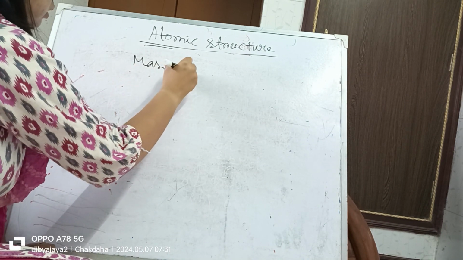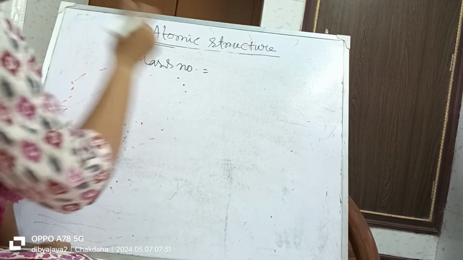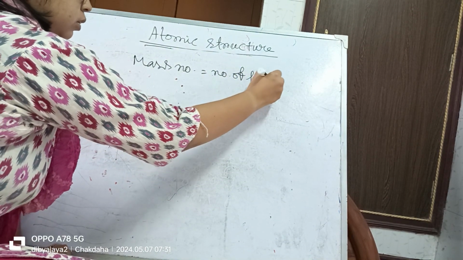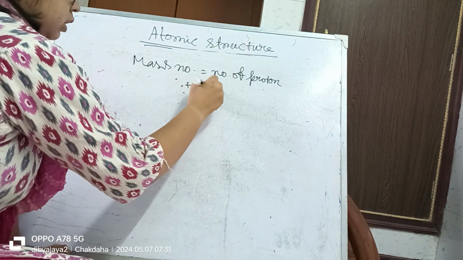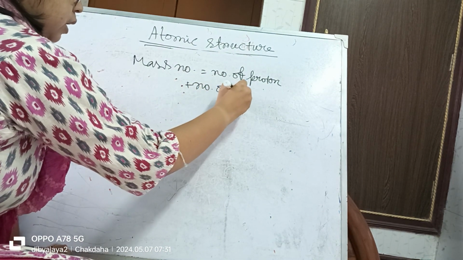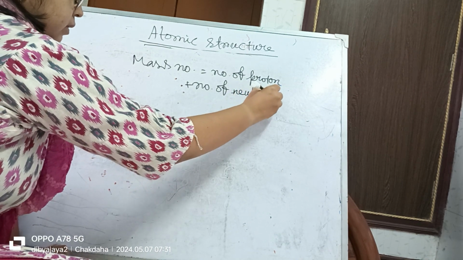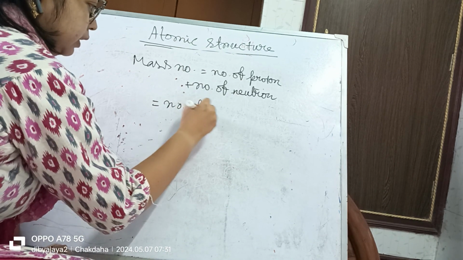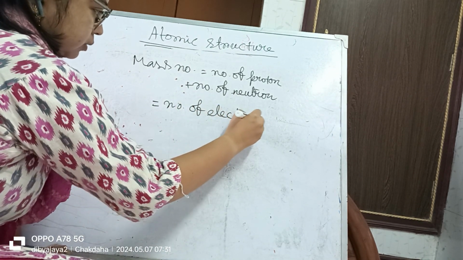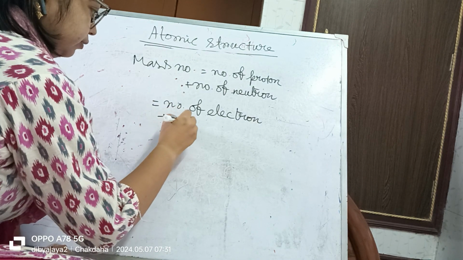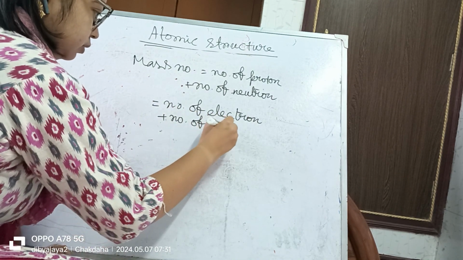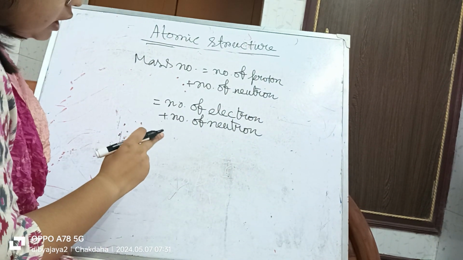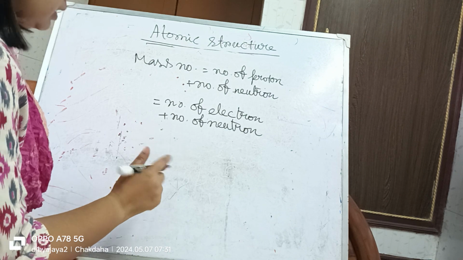Mass number is equal to the number of protons plus the number of neutrons. Okay, then we can say number of electrons plus number of neutrons. Number of electrons, we can replace them by the atomic number.